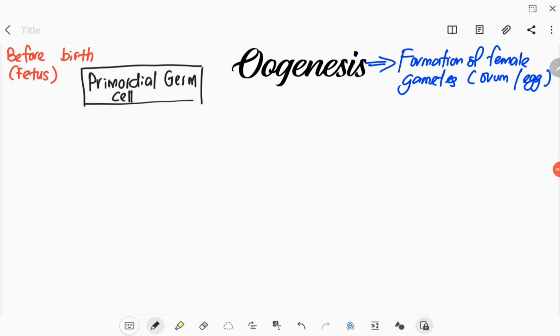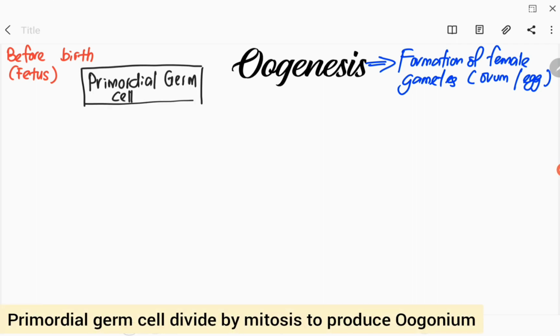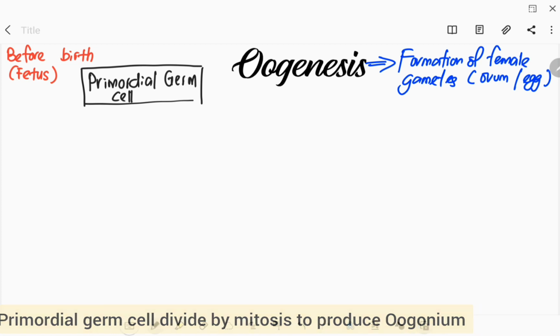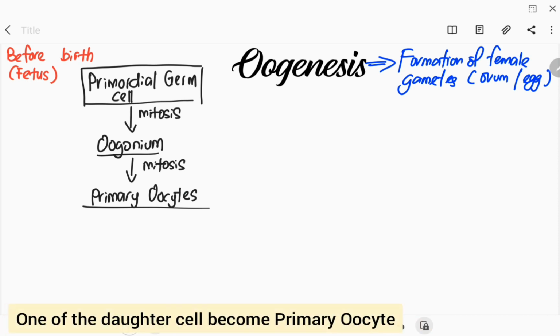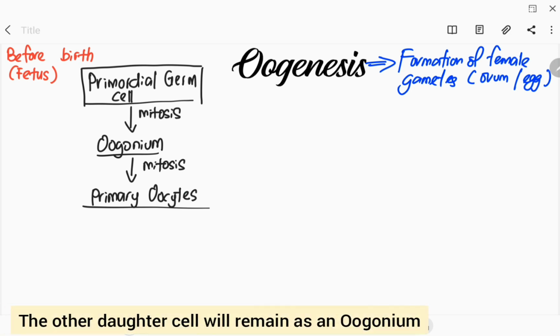So as the fetus grows, a group of cells known as primordial germ cells will divide by mitosis and produce oogonium. Next, oogonium will undergo mitosis and form two daughter cells. Tetapi only one of the daughter cells will become the primary oocyte. So the other daughter cell akan remain as oogonium.